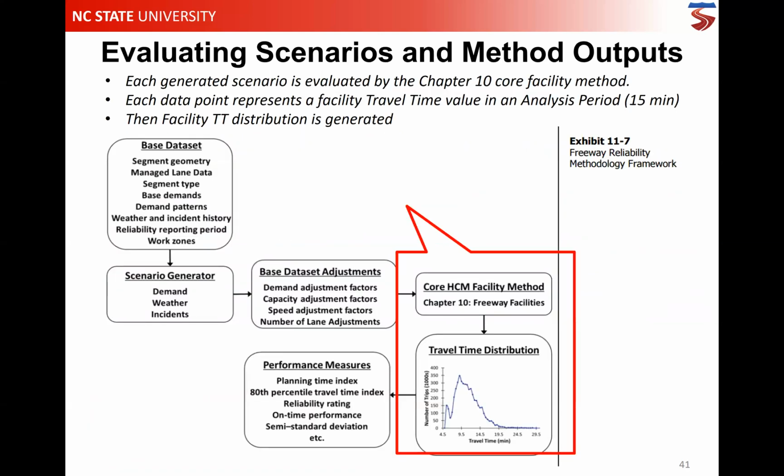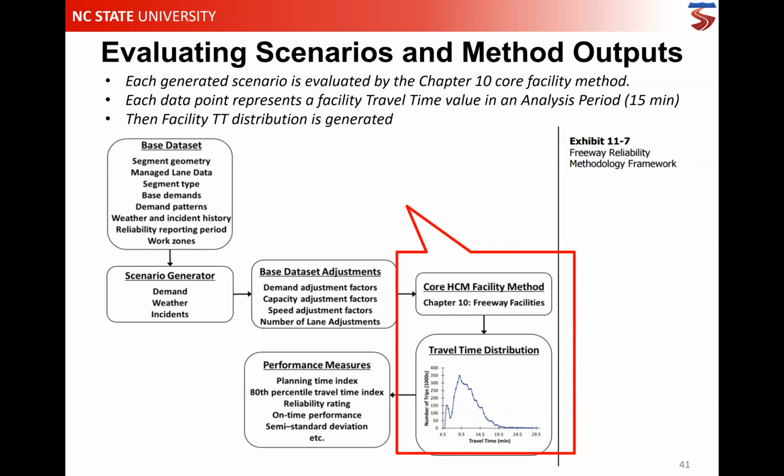Then, once we have generated the scenarios, the 240 scenarios, each one basically a full day, which is 96 time intervals of 15 minutes each, we run each scenario in FreeVAL.